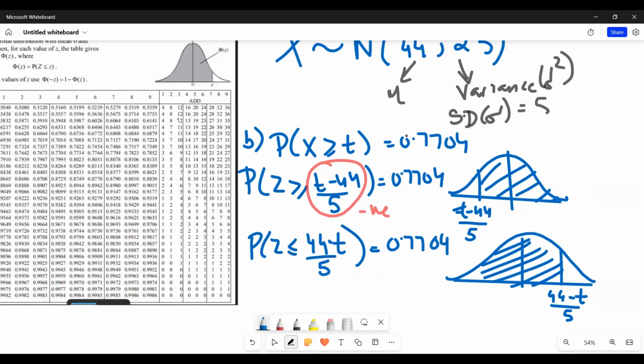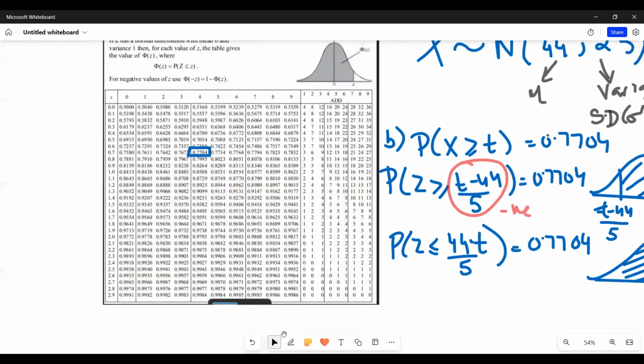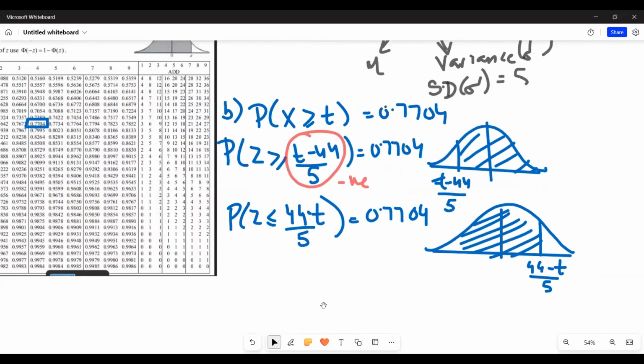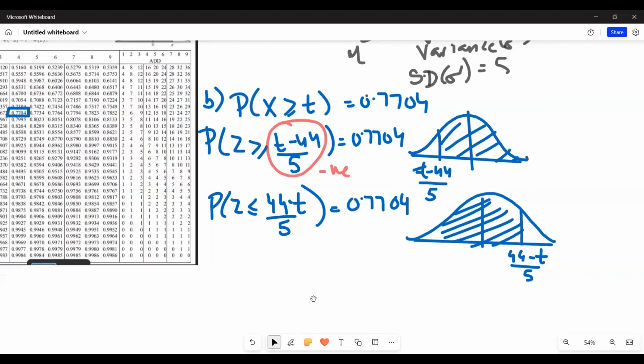0.7704. Okay, where's 0.7704? Right here. So the value is 0.74. So this is 0.74.